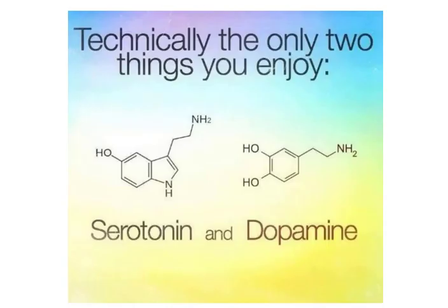2 of the really important neurotransmitters, serotonin and dopamine, it says technically these are the only two things you enjoy. So if you feel happy all the time, you may have a lot of extra serotonin or extra dopamine that makes you feel happy.